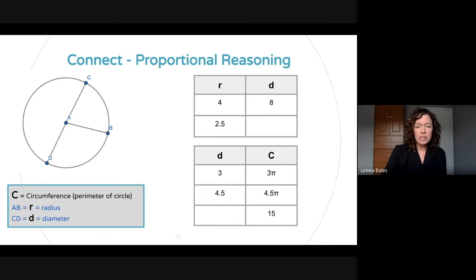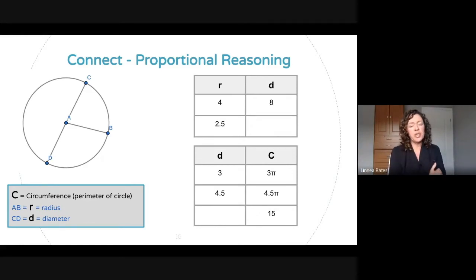Okay, so on the next slide, it's making it really explicit to your students what that proportional relationship is. In that first ratio table, we have the example of the radius being 4, the diameter being double your radius, 8, and how you could use that to figure out what the diameter would be when the radius is 2.5. We have the other ratio table below that shows students the proportional relationship between the diameter and the circumference.